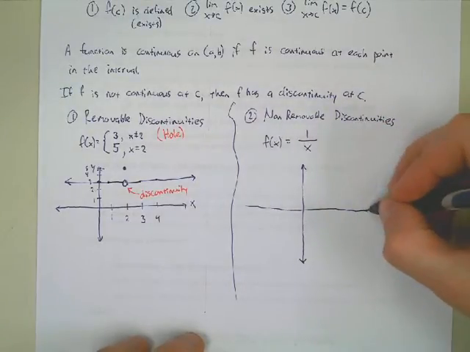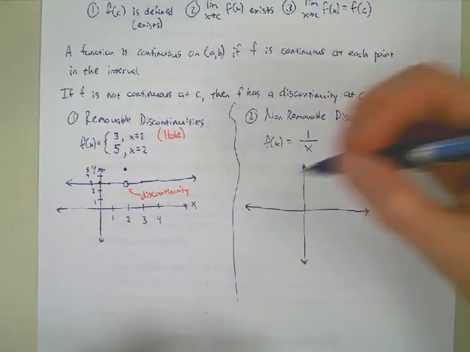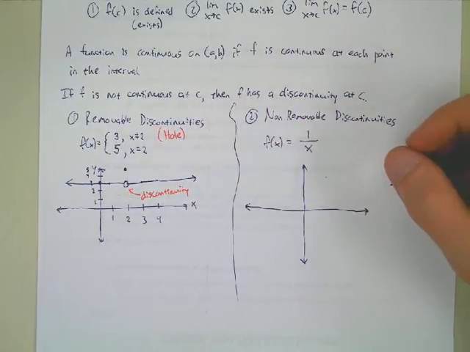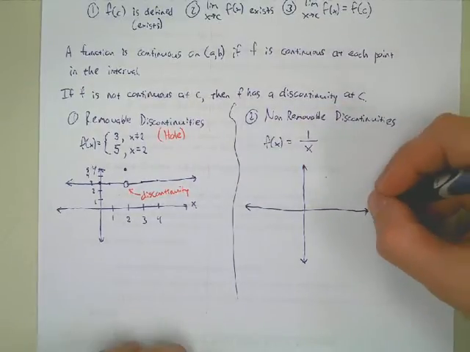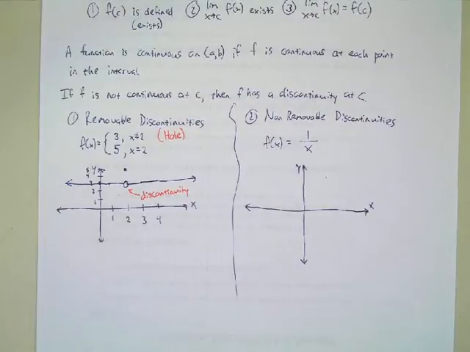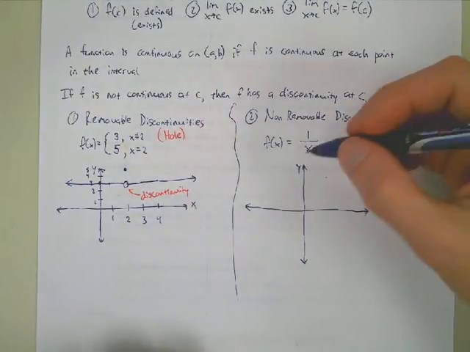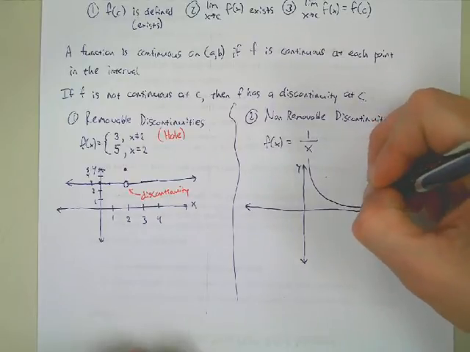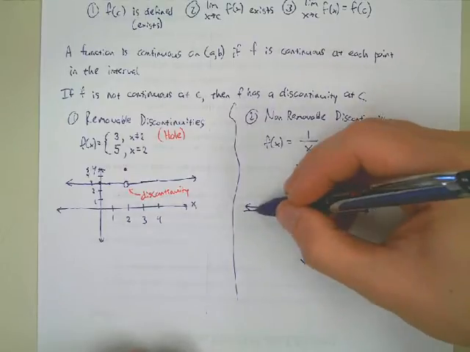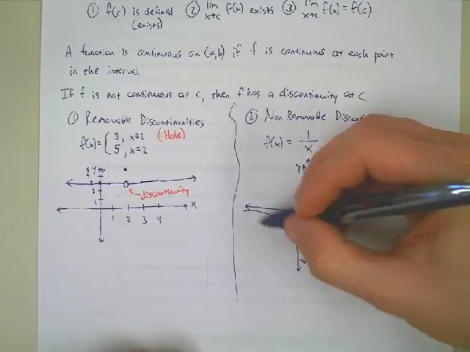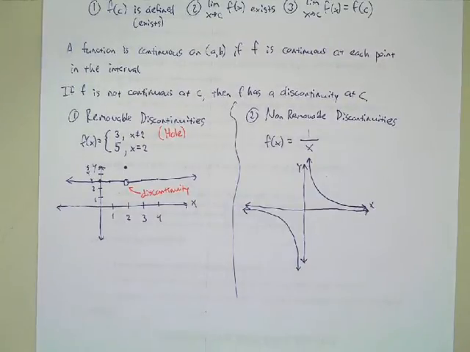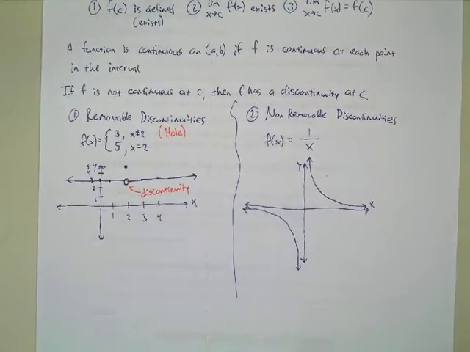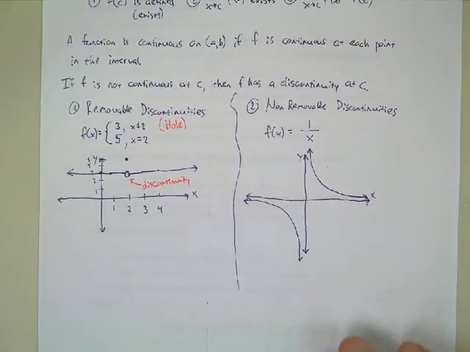We should be able to transform it, maybe shift it left, up, right, down. I don't know why I went in that order, that was weird, but oh well. So 1 over x looks something like this, right?